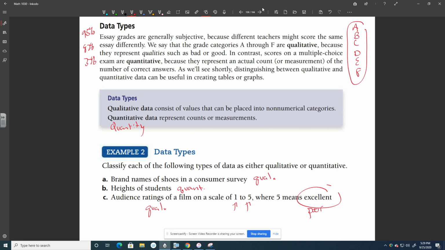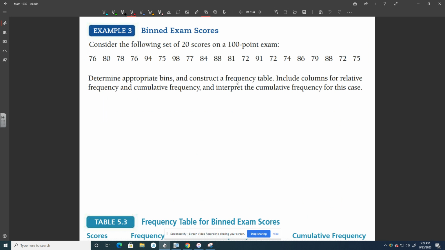All right, moving on. Example 3. Just a quick one, and I'll show you an example below. We're not going to spend a lot of time, but bin exam scores. All that means is, for example, if I was making a frequency table of these scores the way that they are, I would have so many categories.